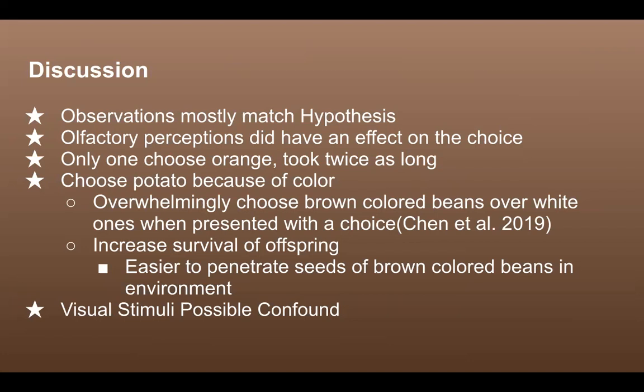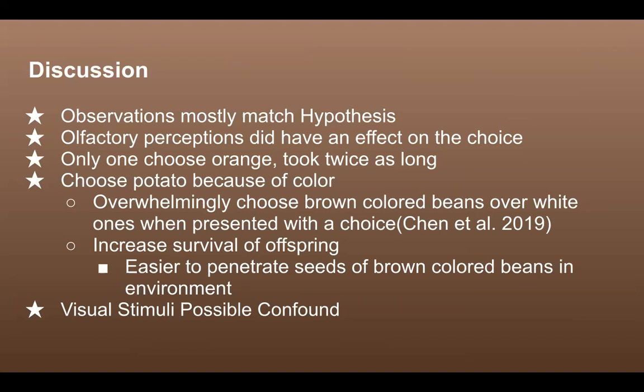The C. maculatus choosing the potato can be explained by a study done in China in 2019. They found that when presented with different white and brown colored beans, female C. maculatus would overwhelmingly choose to lay eggs on the brown beans. This explained our result by the fact that in the natural environment of the C. maculatus, brown and white seeds have different physical and chemical characteristics that affect how well the C. maculatus larvae can penetrate into the seed and obtain nutrients to survive.